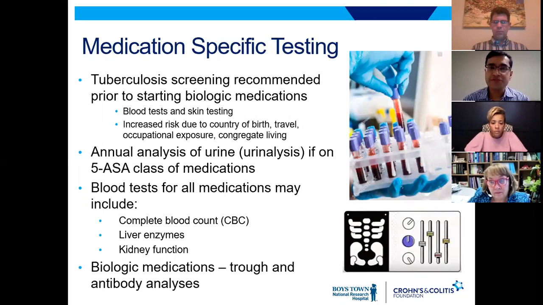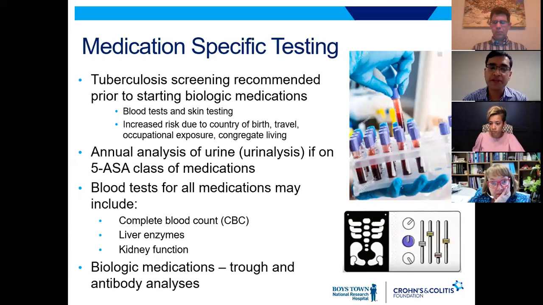So, medication specific testing. These are kind of routine testing that we do on our pediatric patients to screen for any abnormalities that may be coming up because of certain medications that they're on. If we're starting patients on biological therapy, we will always screen them for tuberculosis, for certain other fungal infections.